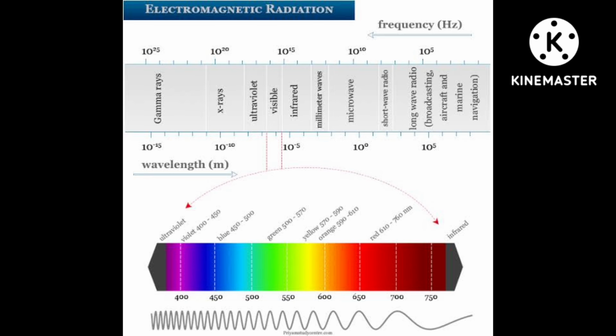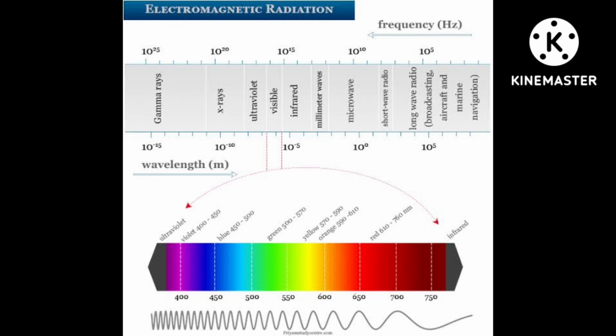First you calculate the wave number. How will we calculate it? 1 upon lambda, that is called wave number. One more thing, wave number is represented by ν with a bar.